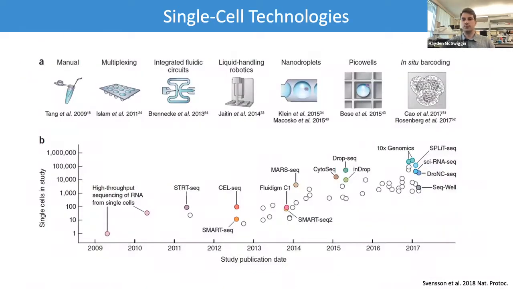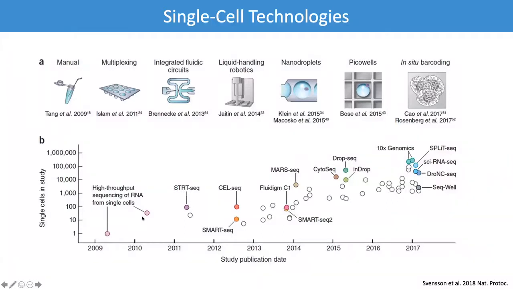So this is just a quick snapshot of the developmental history of single-cell analysis. The first single-cell RNA-seq analysis paper was published in 2009. At this point, they were manually selecting cells, so this was a really long process. They could only analyze fewer than 100 cells per experiment.